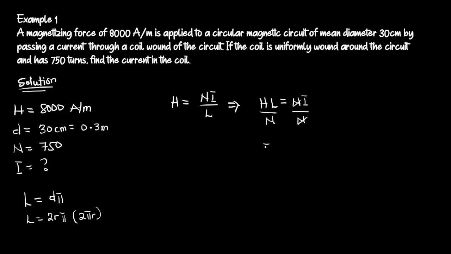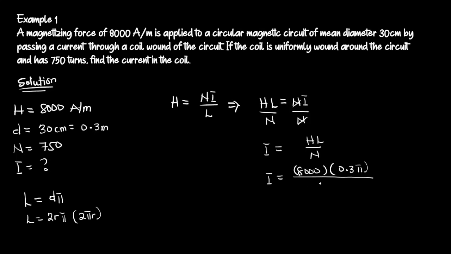So I'll have my current equal to HL divided by N. So my current will be equal to, the H is 8,000, and the L is pi d, where d is 0.3, so I add the pi to it, all divided by N, which is the number of turns.